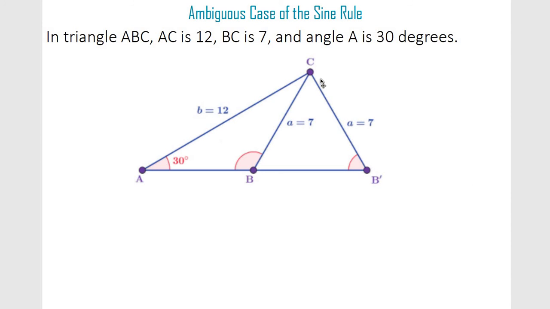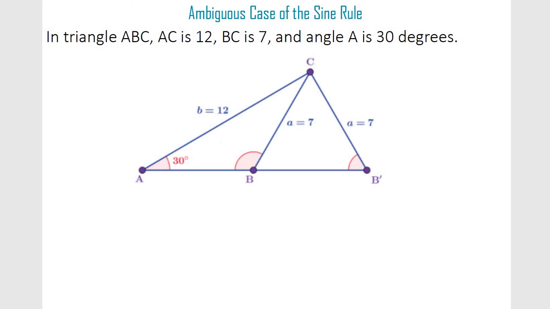So instead of having it go in towards A, I could push it out, away. Notice it's the same length, but I get two very different triangles: a smaller one with an obtuse angle, and a bigger one with acute angles. So that's the ambiguous case.